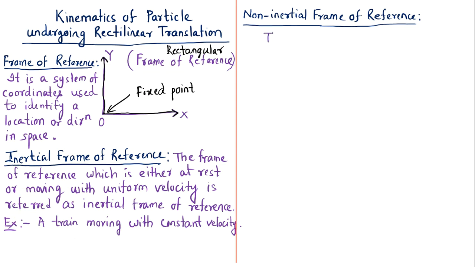The frame of reference which is either accelerating, that is, a frame of reference that is accelerating, either in linear motion or rotation. Okay, either in linear fashion or rotation.